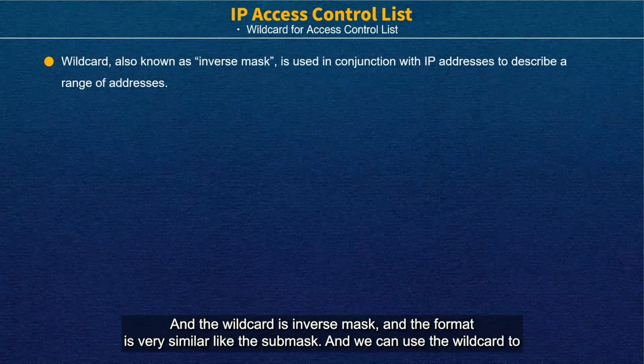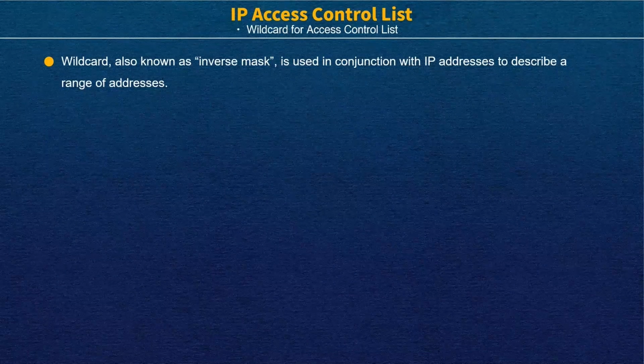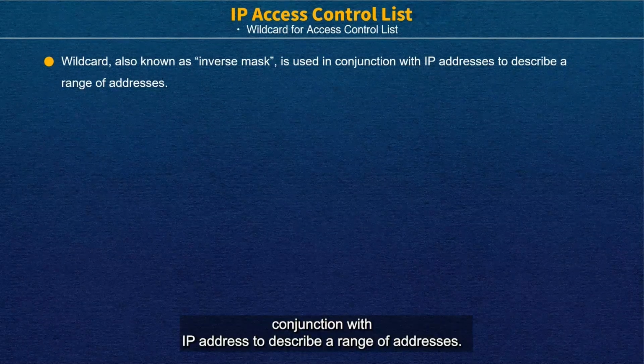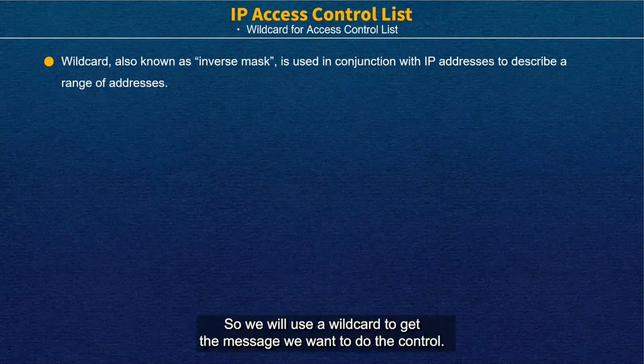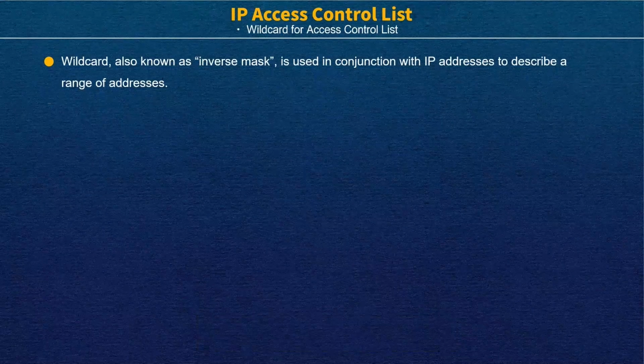We can use this wildcard in conjunction with an IP address to describe a range of addresses. So we will use a wildcard to get the messages we want to control.